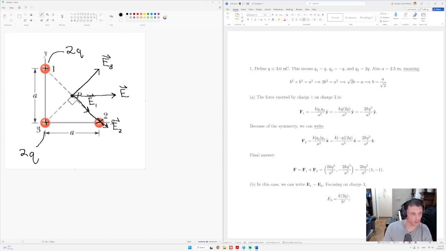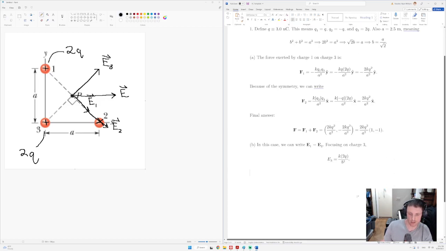Then we want to break this into its x and y components. But this is where, in a high stakes exam situation, I might slow down a little bit and lose some time, because I would want to make sure I'm doing a very careful job of convincing myself of what's going on here in terms of the geometry.